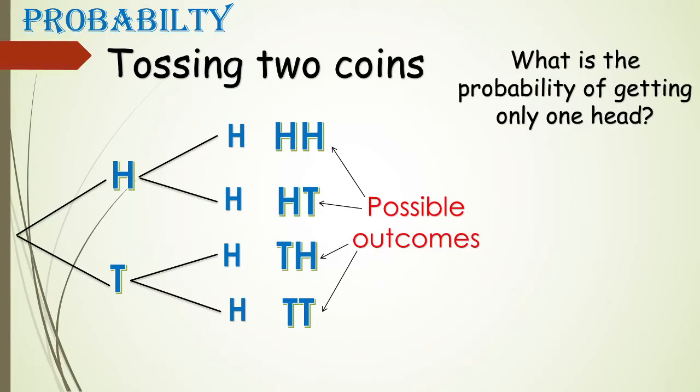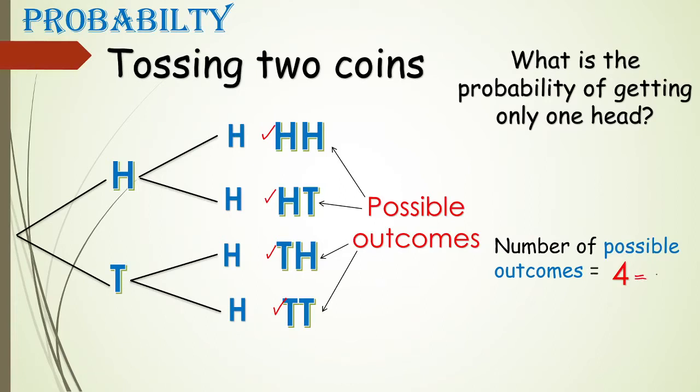So let's focus first on how many possible outcomes are there? 4. There are 1, 2, 3, 4. So there are 4 all in all possible outcomes. Now, let's go to the favorable outcome. So take note, this is our n(S). That's our denominator. Okay? Next.